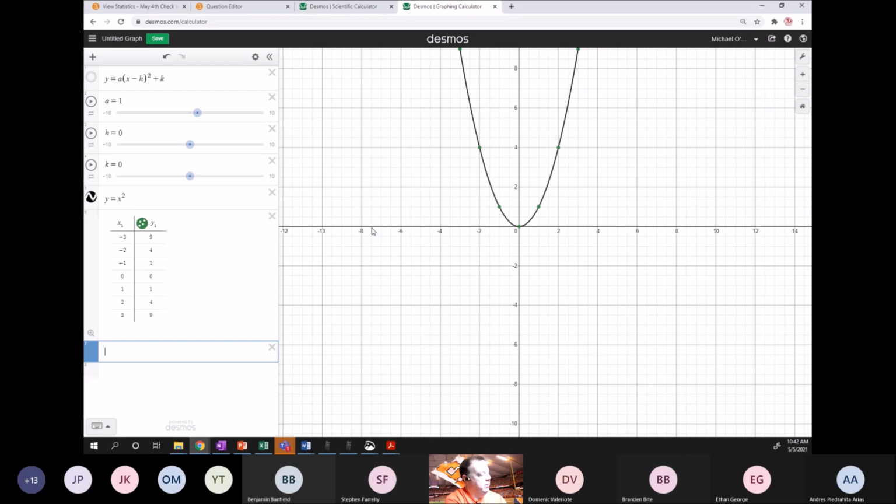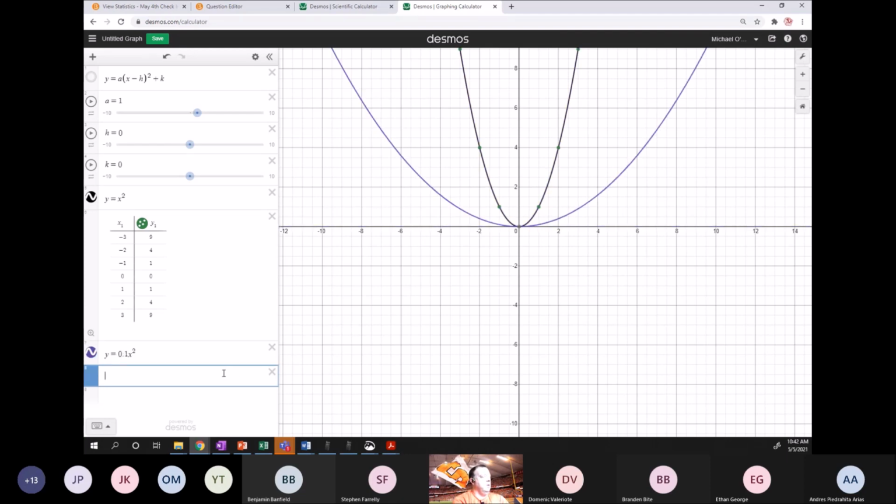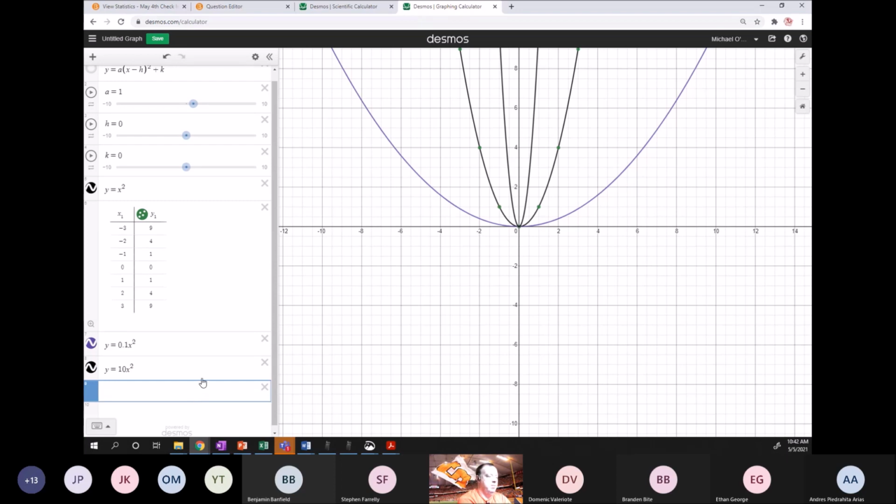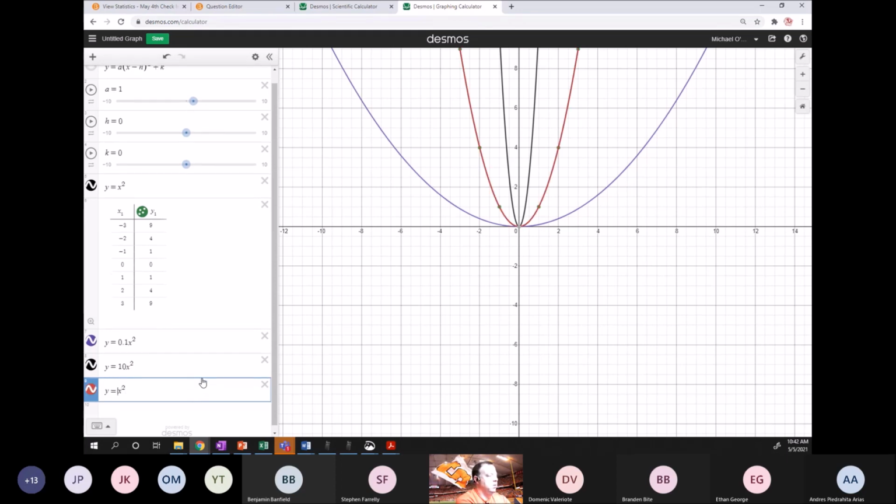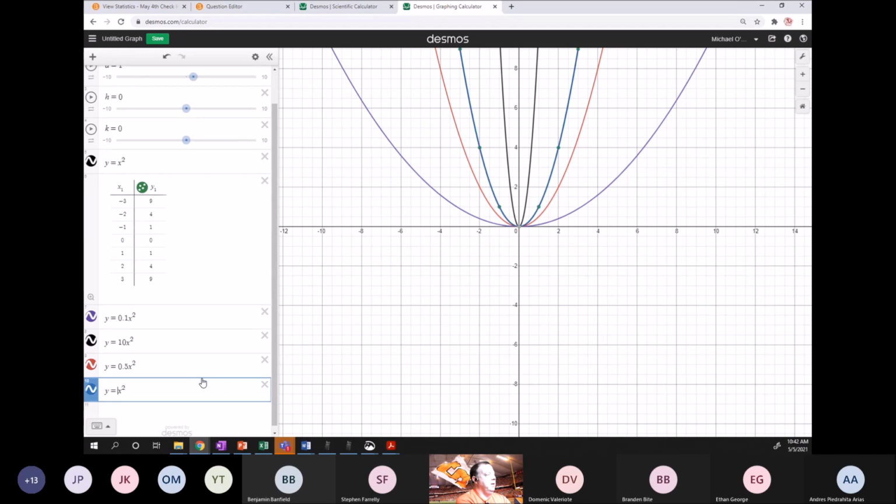So let me put that one in there, and I'm going to make this one a 0.1. And then I'm going to make one that is maybe a 10, and one that is a 0.5.